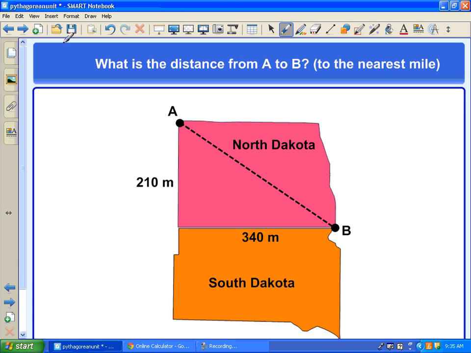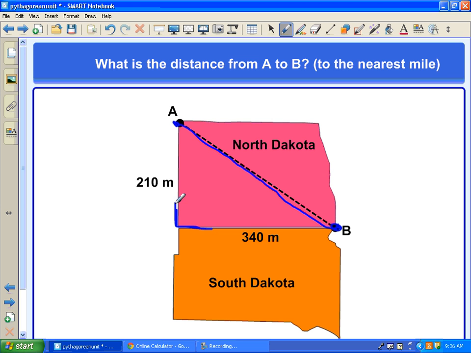Okay, let's look at this one right here. You might get a word problem here that has like a map, a distance from one point to the other point right here. Okay? And what you need to do then is look at the distance that it's given you. This is a perfectly right angle right here on this map.